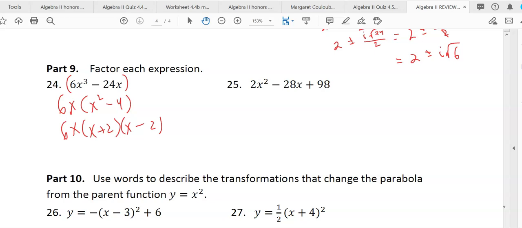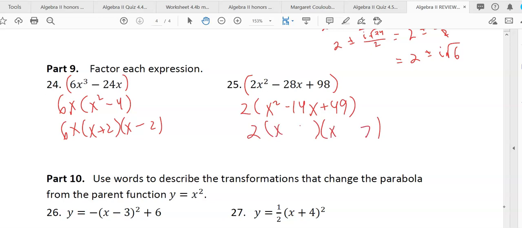Ooh, this one looks tough. Let's make it easy. Let's factor out the GCF of 2 first. So x squared minus 14x plus 49. I don't know if it's easy, but it's easier. Well, I like that. This would be x and x. Got to be 7 and 7, minus and minus, and you got it.